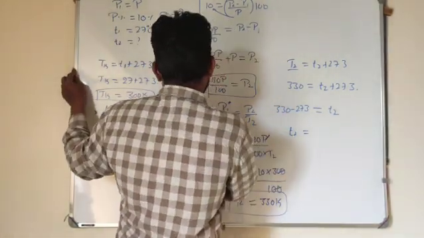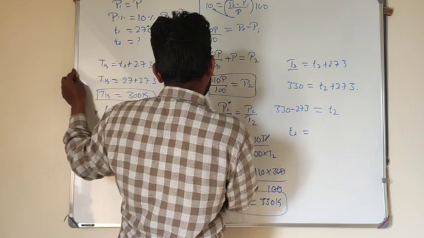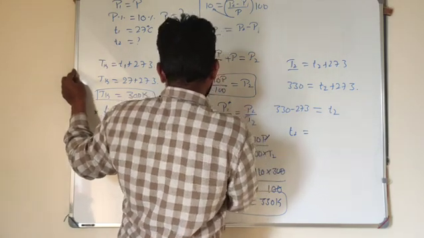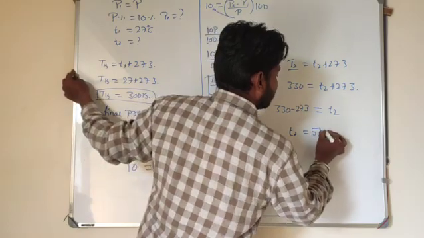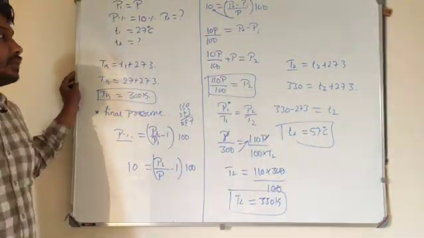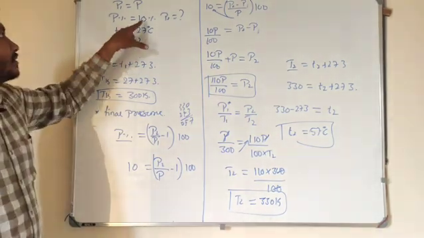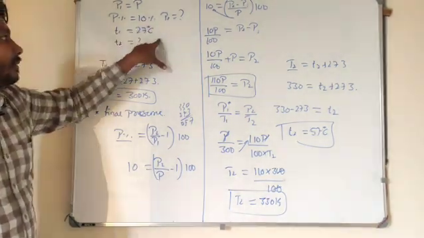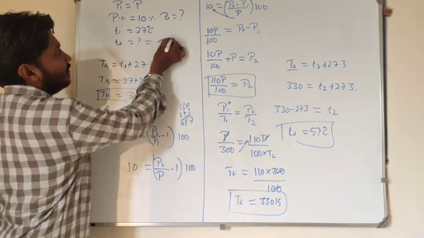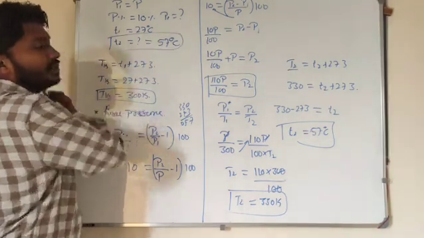T2 is equal to 330 minus 273, so that is 57 degrees Celsius. So what is the final temperature here? In order to increase the pressure by 10%, the temperature changes, and the final temperature becomes 57 degrees.